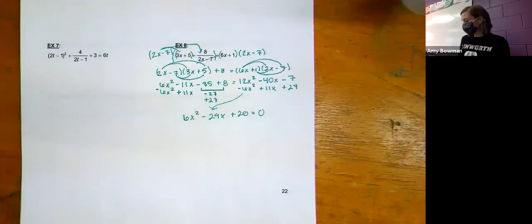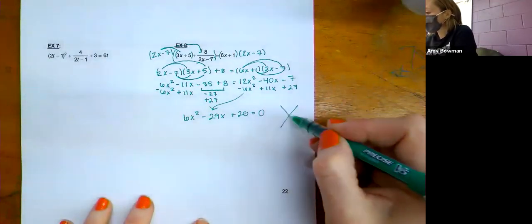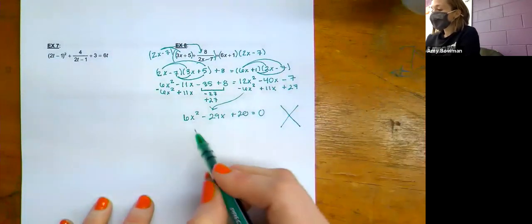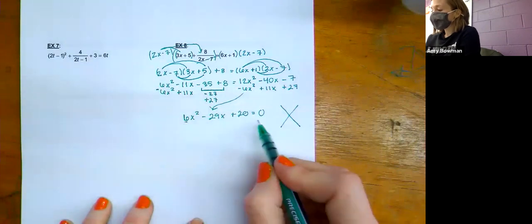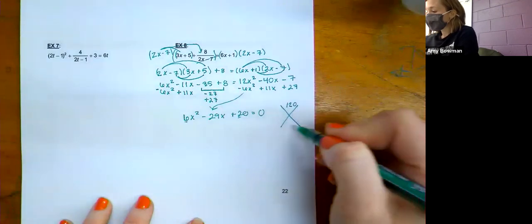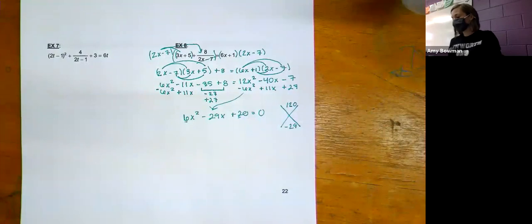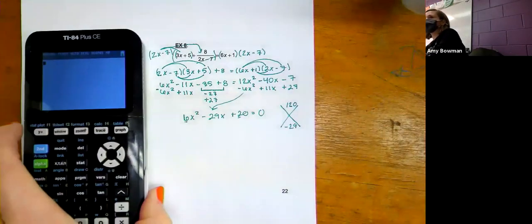Okay, now what? Factor if we can, or you can jump right to quadratic formula. I don't care. I like to see if it factors just for fun. Can you think of something? Let's see, 6 times 20 is 120 and negative 29. So you do have to do a little bit of checking and guessing here.